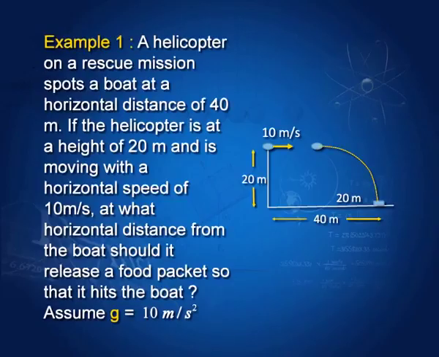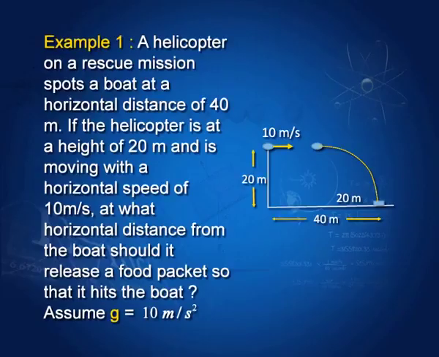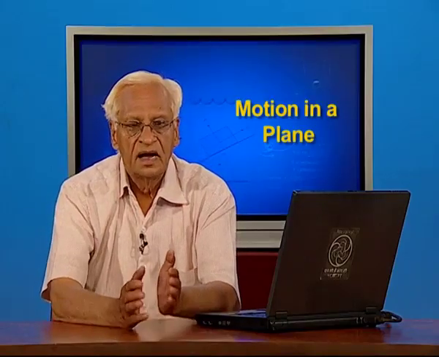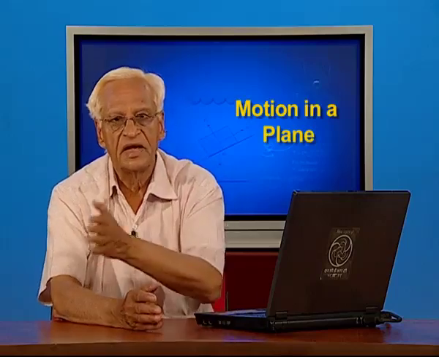You see, the food packet, as you recall, would have the horizontal velocity of the helicopter. So, the food packet starts with a velocity of 10 meters per second. So, remember this, and we are going to take g equal to 10 meters per second square for the simplicity of calculations. So, let us solve this problem for the helicopter pilot, so that he does not make a mistake.